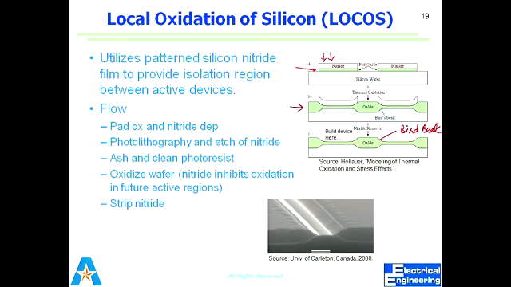The important point here is that if I need to grow 500 nanometer of oxide, this is 1 micrometer. These are my active areas, right? These are my active areas, and this is 1 micrometer.